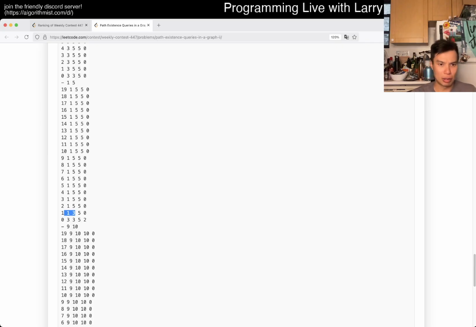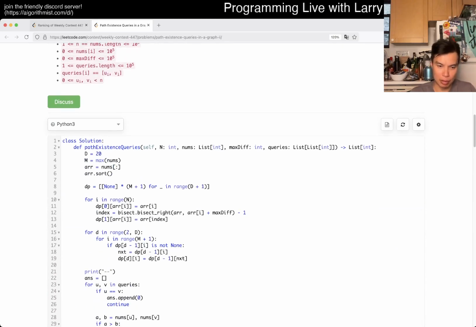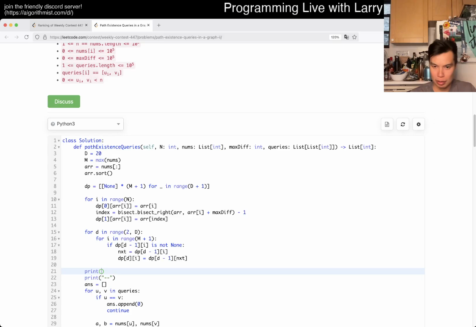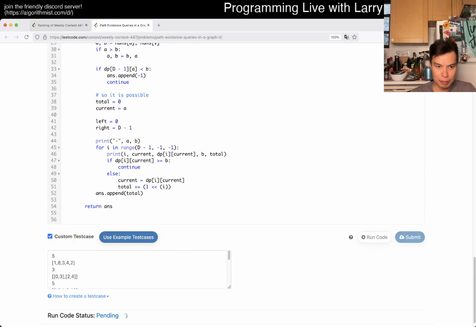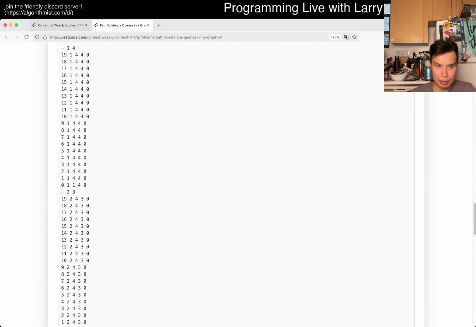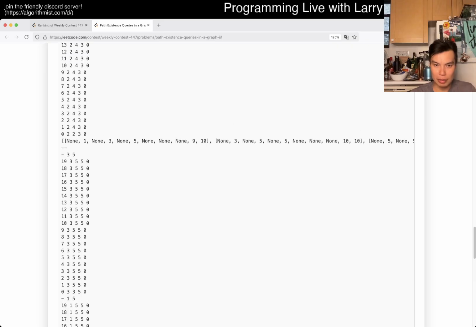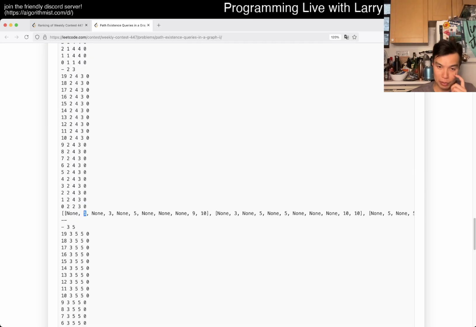That doesn't make sense though, right? Am I doing the DP wrong? Maybe my DP is wrong. Let's check the DP. Okay, so it's here 1, 3, 5, and then this is no moves. 1 move, it goes to 3, yeah. 2 moves, it goes to 5.